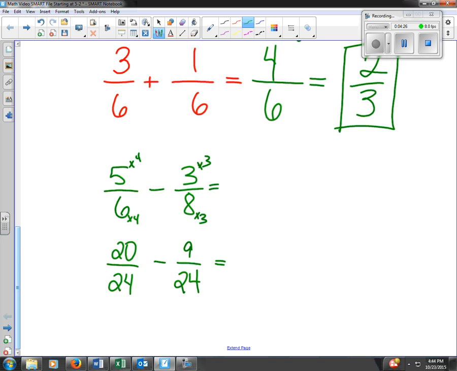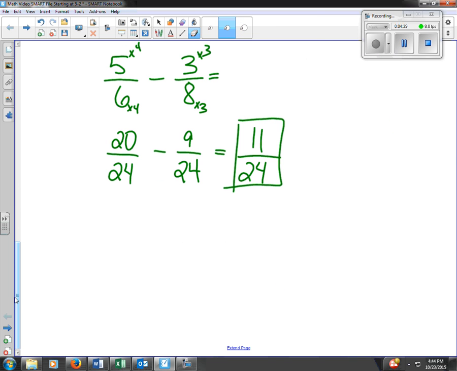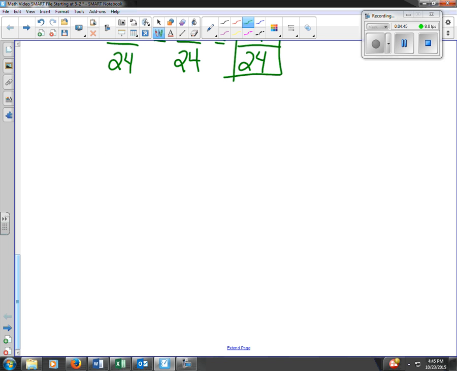So 20 minus 9 gives us what? 11. You circle it, and you're done. So you have 11 over 24. Is it hard? No, you just have to pay attention.